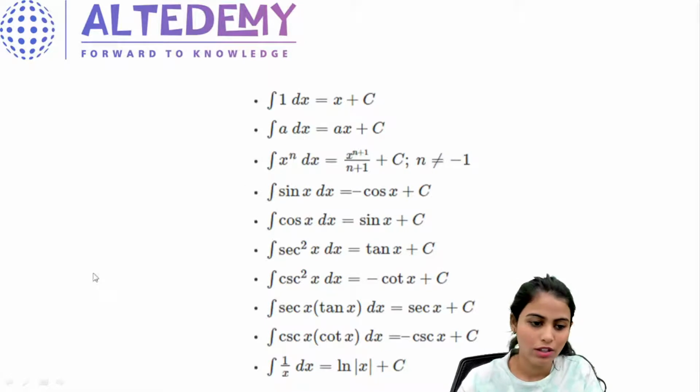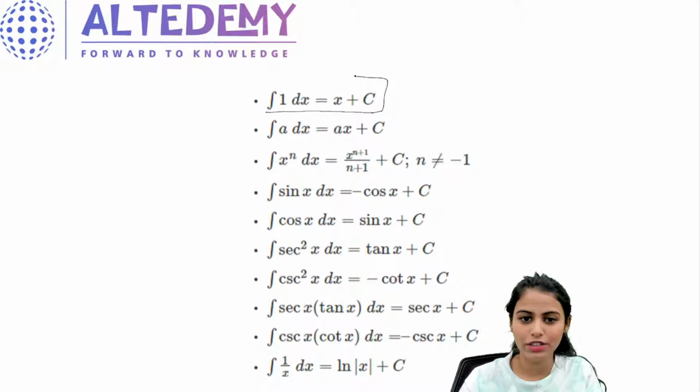I'll tell you in a differentiation way, and then you will find it easier to understand. Like I was telling you, integration of a constant is always x plus c.